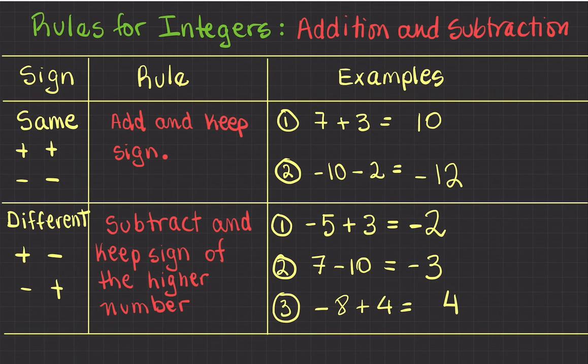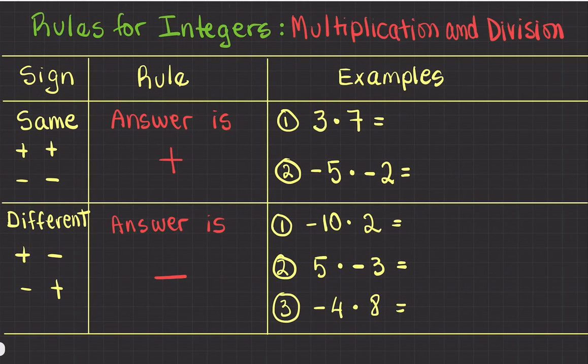So my answer would be negative 4. You need to remember these rules in order to be able to do problems with integers, meaning adding or subtracting positive and negative numbers.